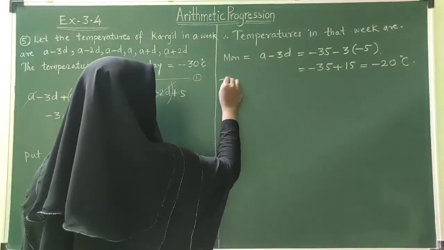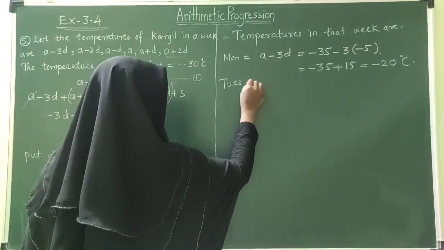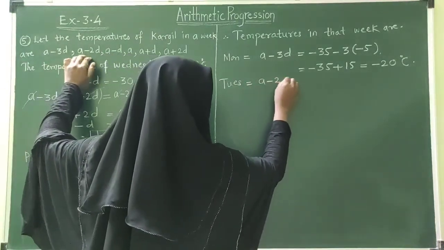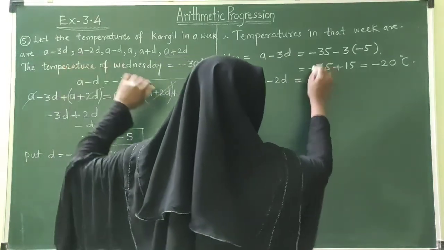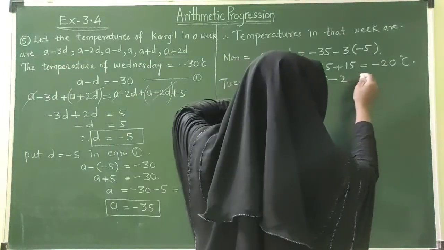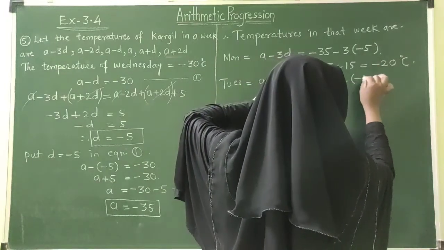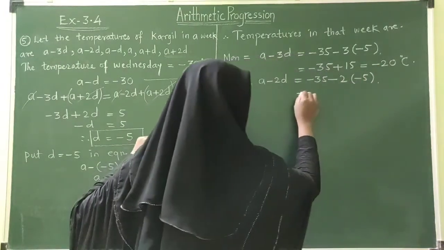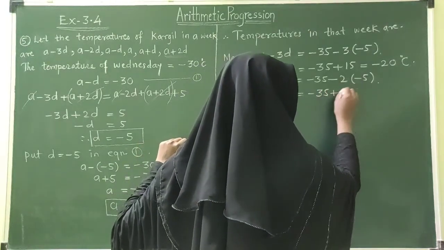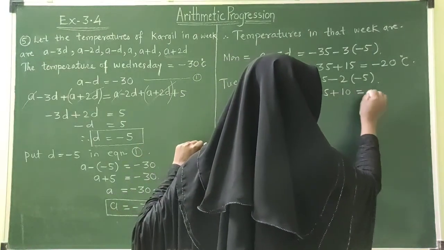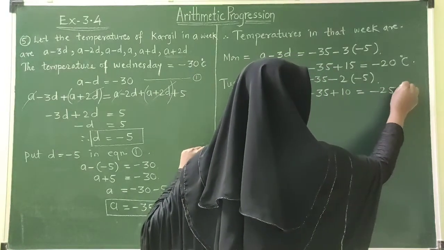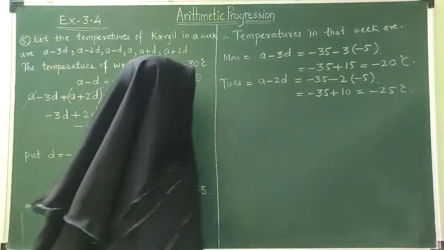On Tuesday, the temperature was A -2d. Value of A is -35 minus 2 into bracket value of D is -5. We get here -35 minus into minus plus 2 5s are 10. That is -25 degrees Celsius.